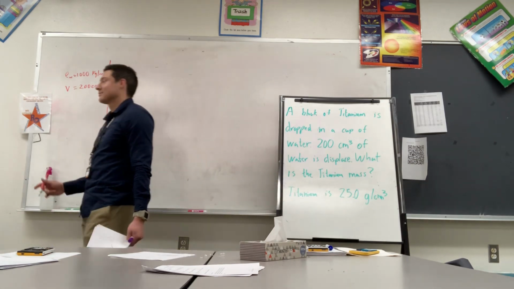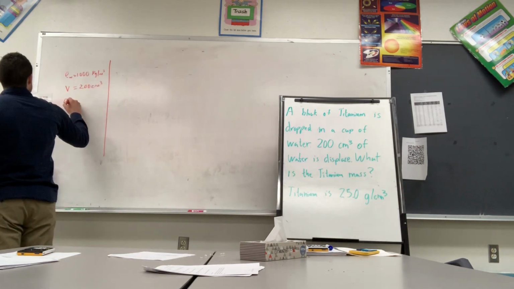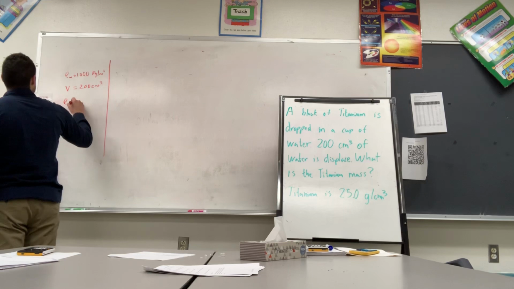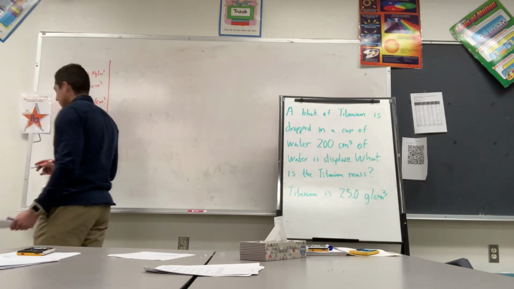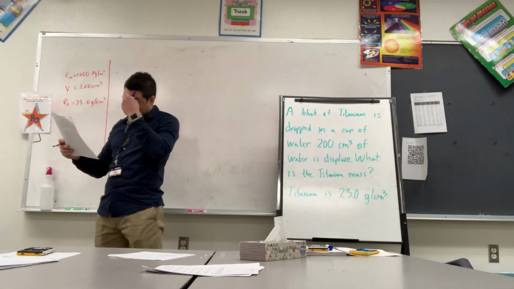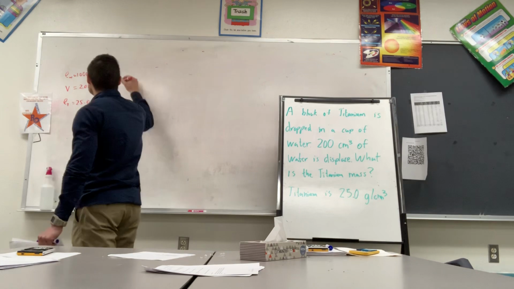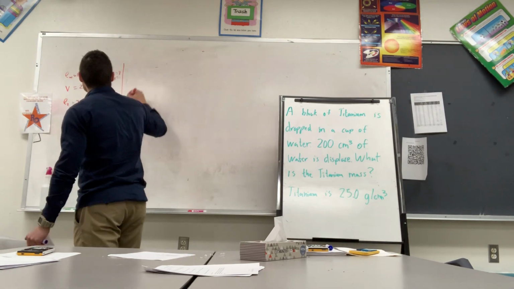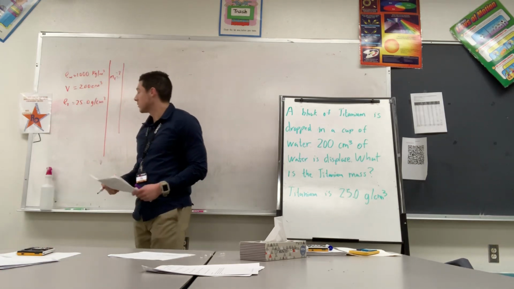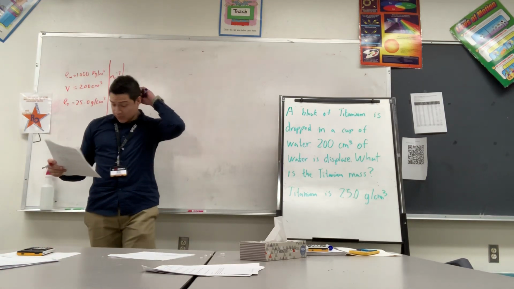Wait, no. The density of titanium. This is 25.0 grams per centimeters cubed. All right, and we are asked to look for the mass, correct? The mass of titanium. All right, that's all we got.